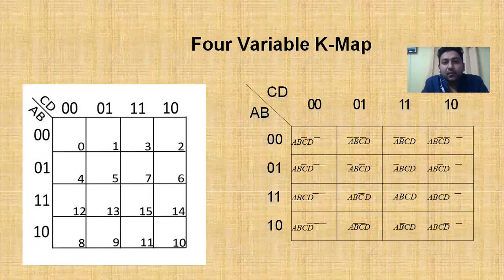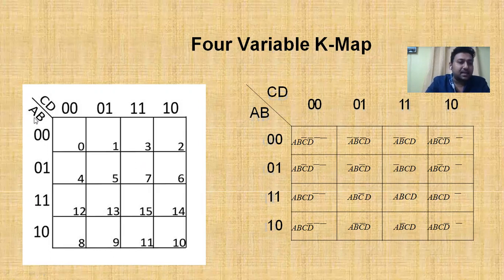So the 4 variable K-map is the most important one, which in real life is mostly used in digital electronics. This is the structure of the 4 variable K-map.